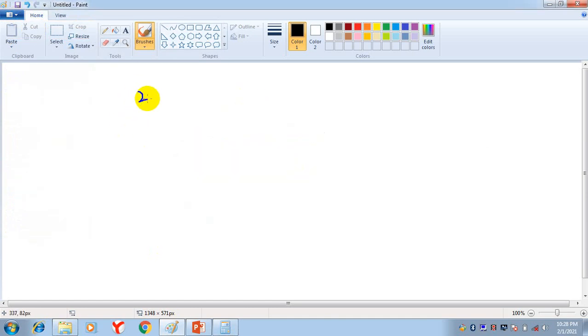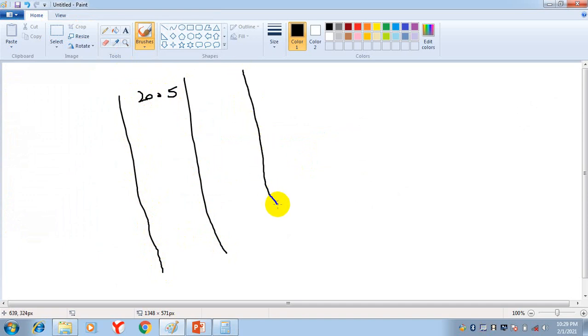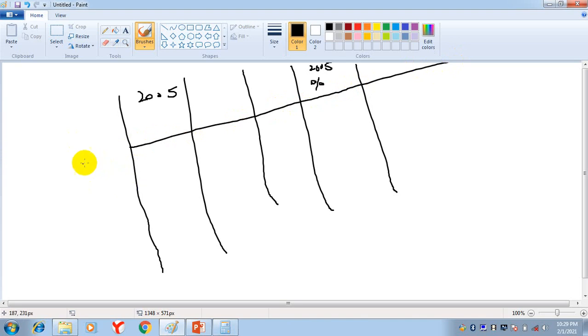Take one year's data, 2005, and write percentage of 2005. Now see, the first item is cash.